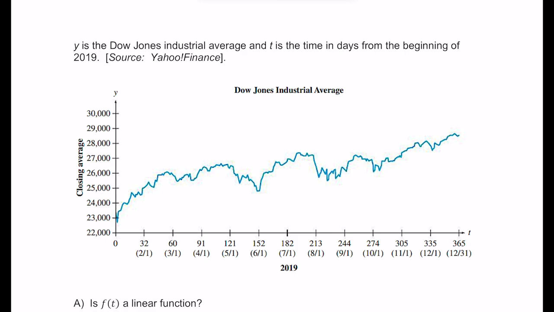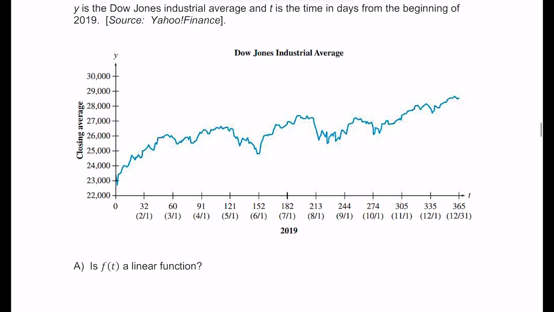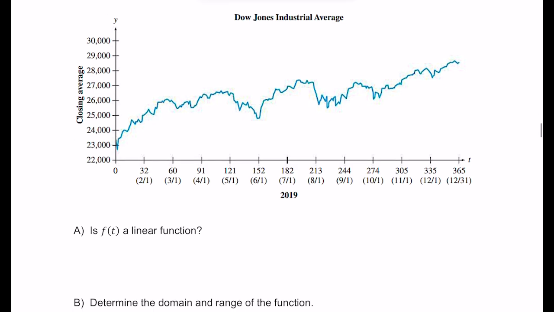So here you can see the year, and then specific dates along the x-axis, and then you've got your closing average along the y-axis. Okay, and again, this function is labeled f of t. Now, first question: is it a linear function? We talked about linear functions in the last lesson in 1.2, and you can clearly see that it is not because it increases and it decreases over the year.